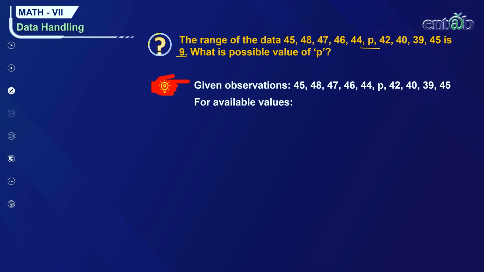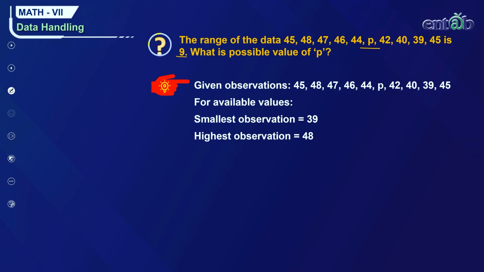We'll arrange the observations, but here we need the smallest observation and the greatest observation because we are finding the range. So the smallest observation for the given values is 39 and the highest observation is 48.